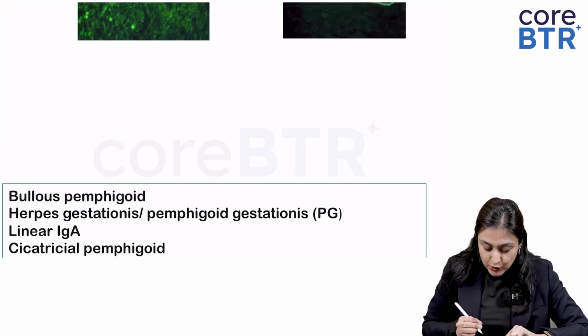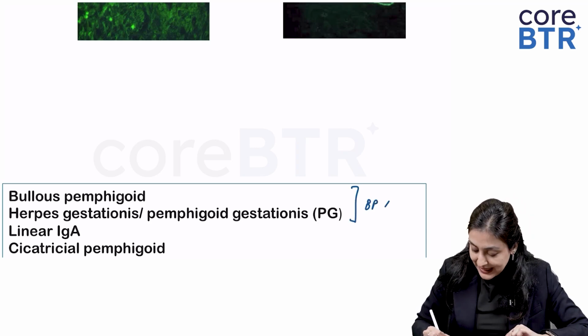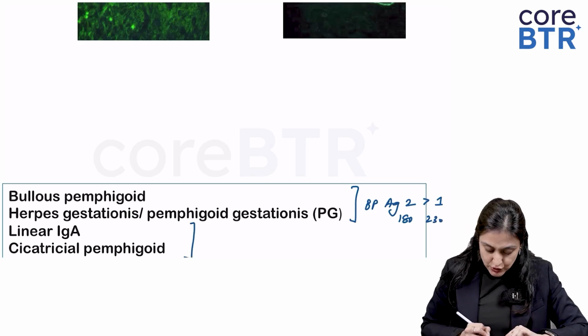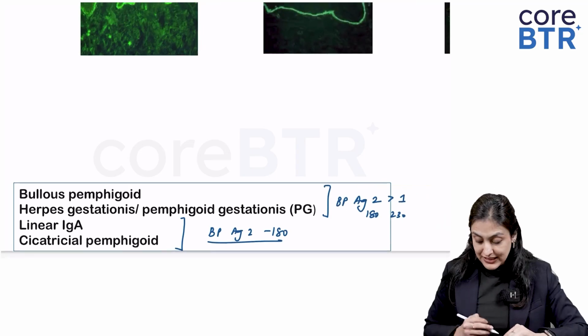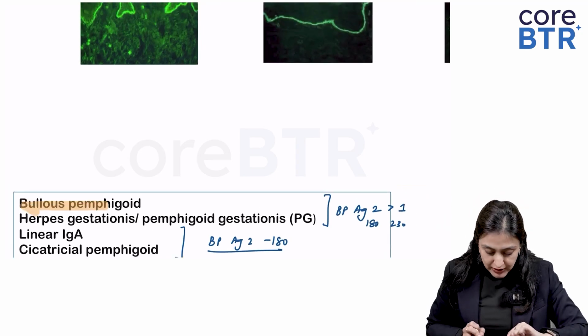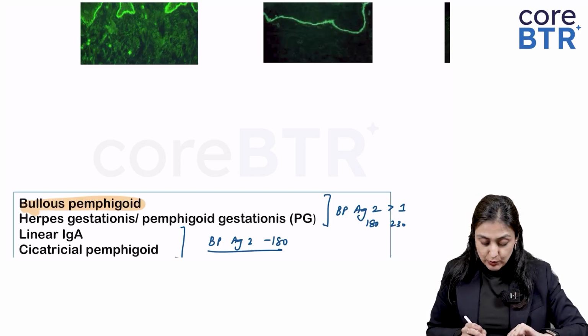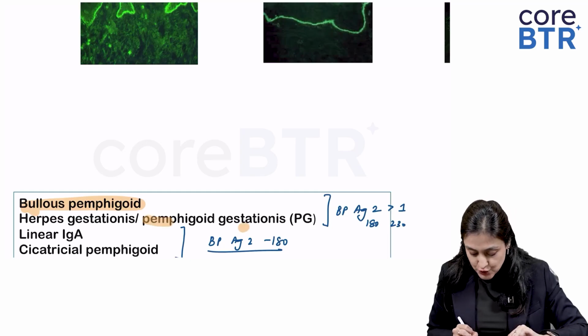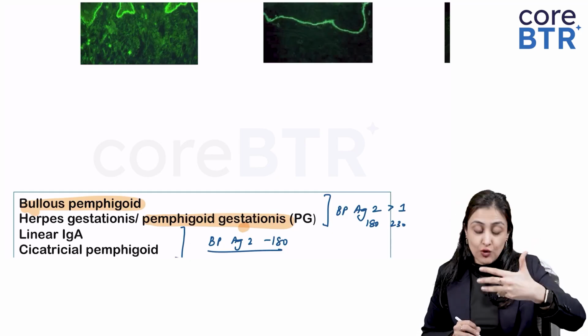So bullous pemphigoid, as we discussed, is BP antigen, right? So this is both BP antigen 2 more than 1, so 180 and 230. But your linear IgA and cicatricial is only BP antigen 2, which is 180. Another version, bullous pemphigoid in pregnancy, is called pemphigoid gestationis, which is fine. But you know what it was called previously?